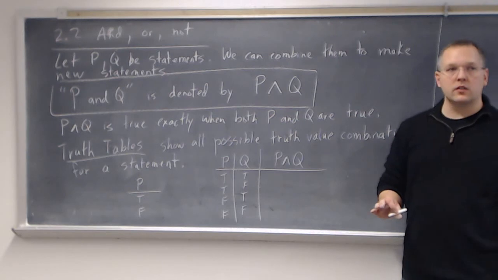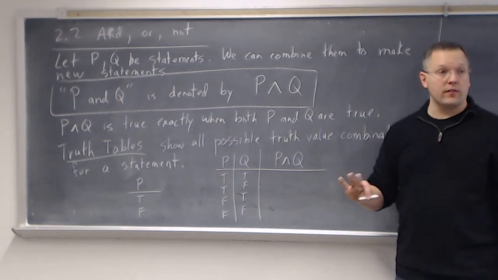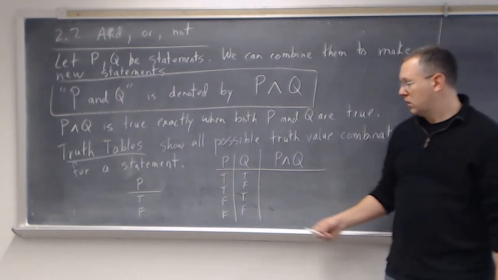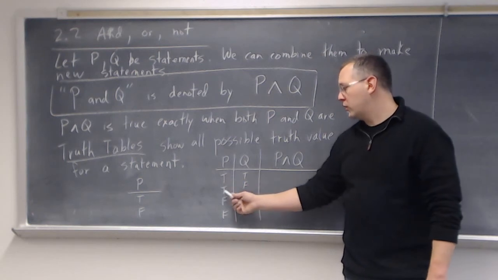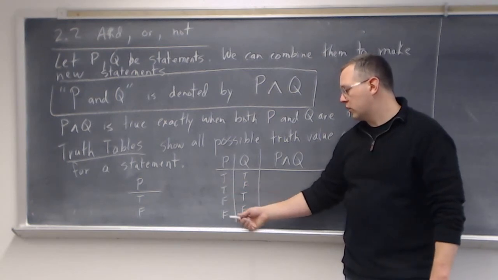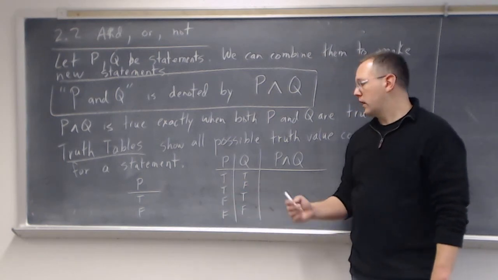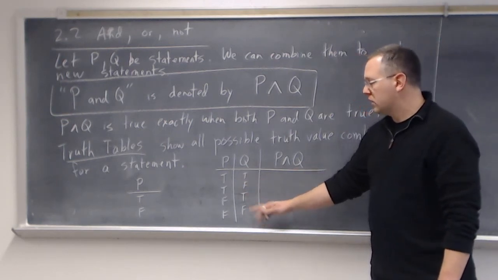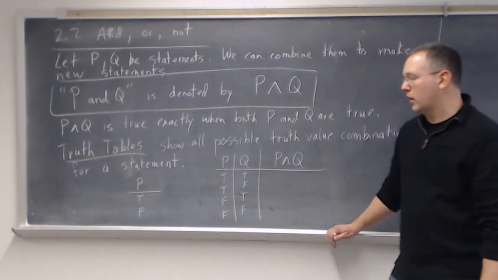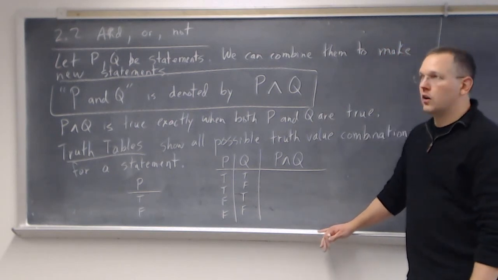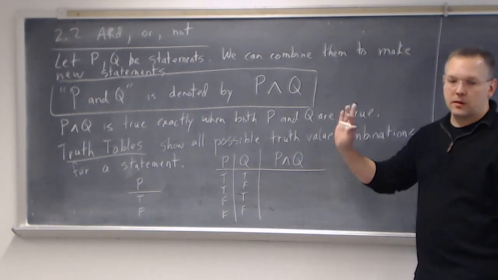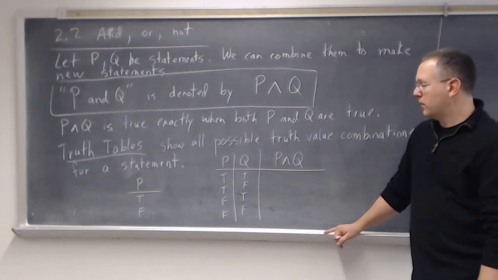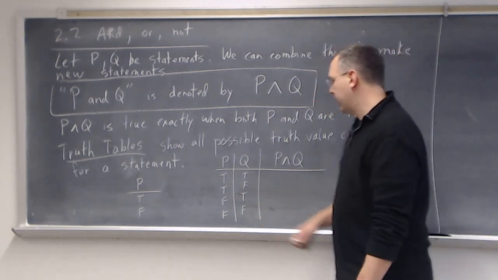By organizing your truth table this way, you get all four different possibilities: whether they're both true, or only P is true, or only Q is true, and then whether they're both false. When you have two statements, you're going to need 4 rows, and I'll try to always do it this way. The last book I taught discrete math from was exactly the opposite, so catch me if I go back to that other format.